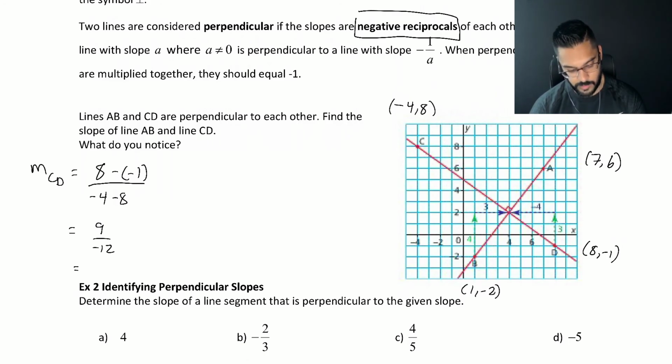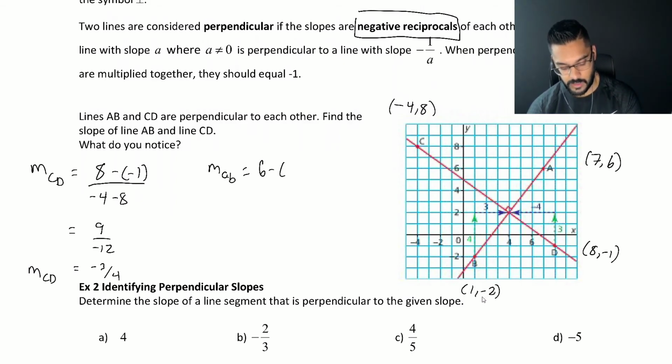Now that will simplify, divide them both by 3, to -3/4, the slope of C to D. Now if we locate the slope of AB, you could also count the rise and the run like we did before, but subtracting the y's, 6 minus -2, and on the bottom 7 minus 1. That will equal 8/6, which will reduce to 4/3.